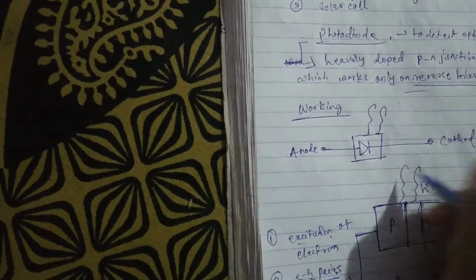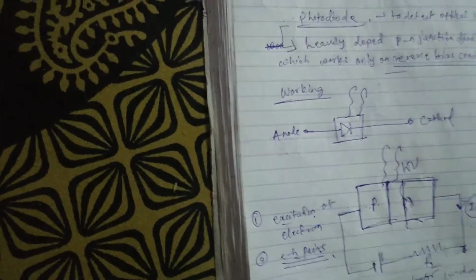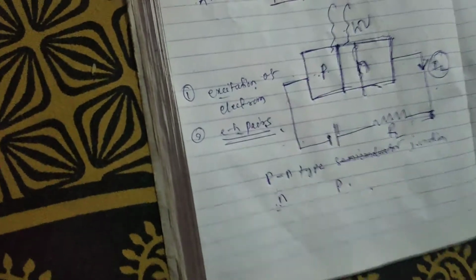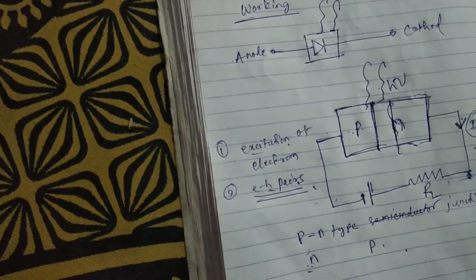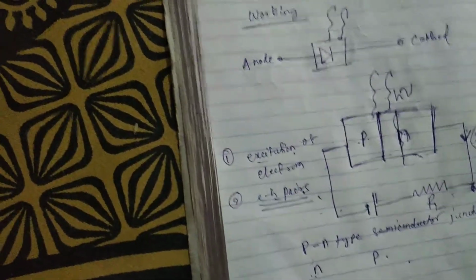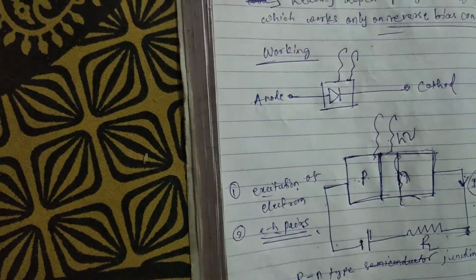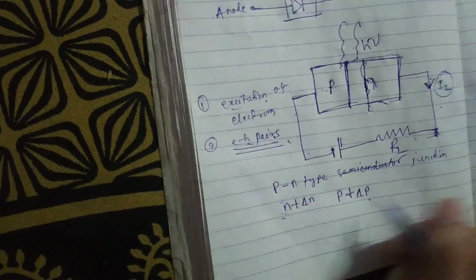So when a light radiation is incident, there will be excitation of electrons. Excitation of electrons means a fractional increase of electrons, and that fractional increase will be the same: here it is n plus del n, and here it is p plus del p.